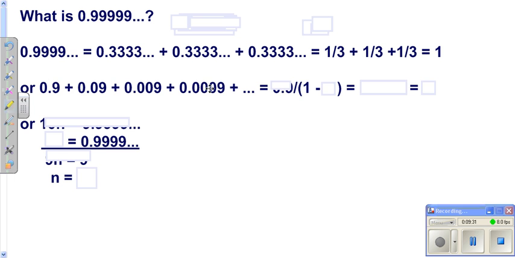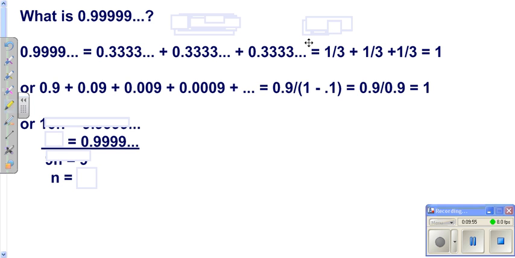So since it's an infinite geometric series, we could take our first term, 0.9, divided by 1 minus your ratio. When you take your second term over your first term, or your third term over your second term, you get 1/10, or 0.1. So then you get 0.9 on the top over 0.9 on the bottom, which is 1.